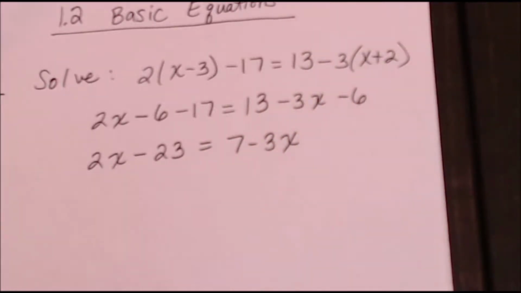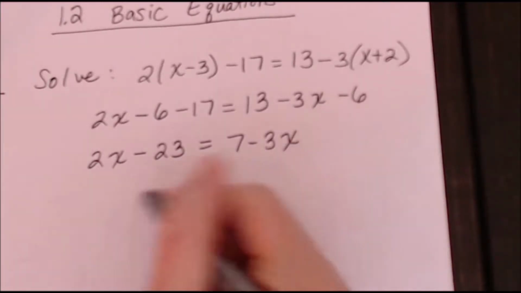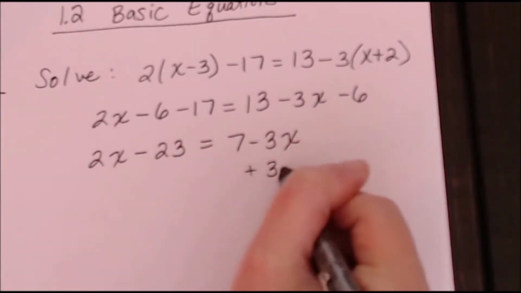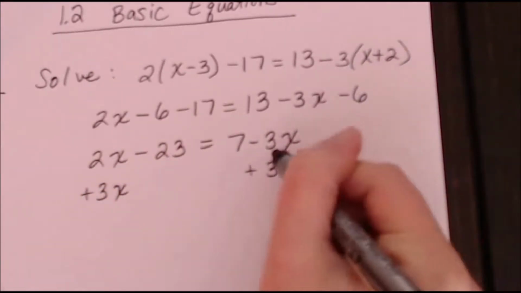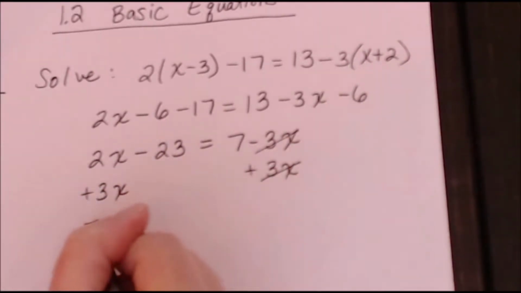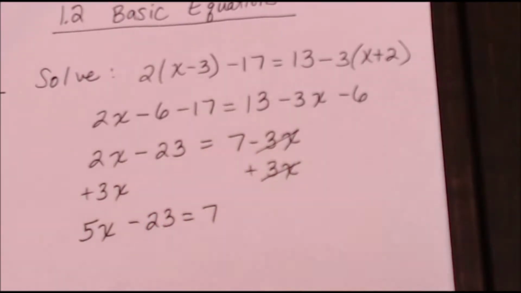And then you want to get all the terms that have the x's on one side and all the terms that have a constant on the other side. It does not matter which side you move the variables to, so I'm going to move it to the left side just because that's kind of traditional, but it could be the right side, it wouldn't matter. So I'm going to add 3x to both sides, and so we get 5x minus 23 equals 7.